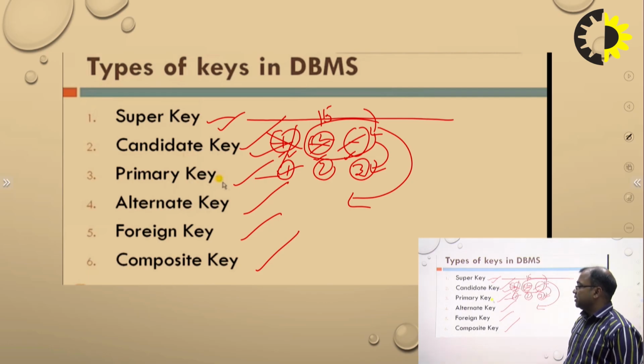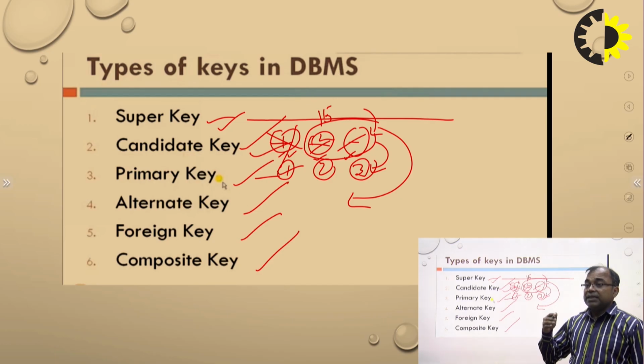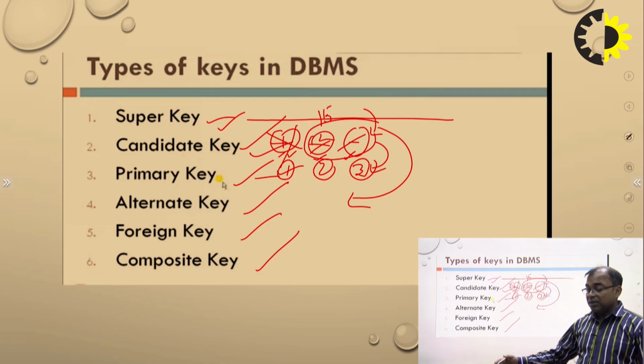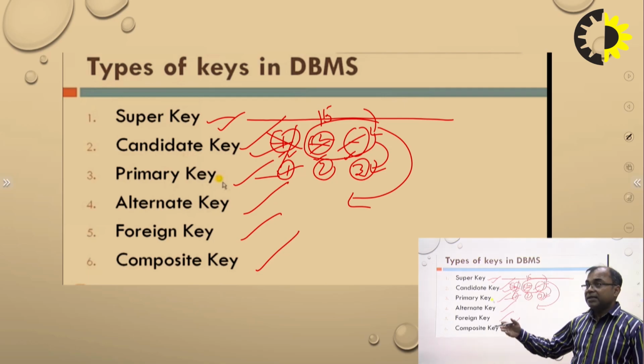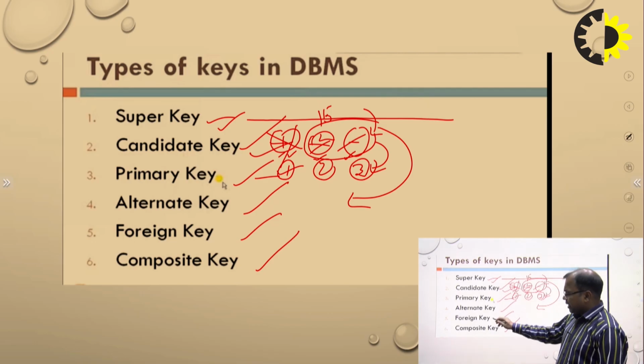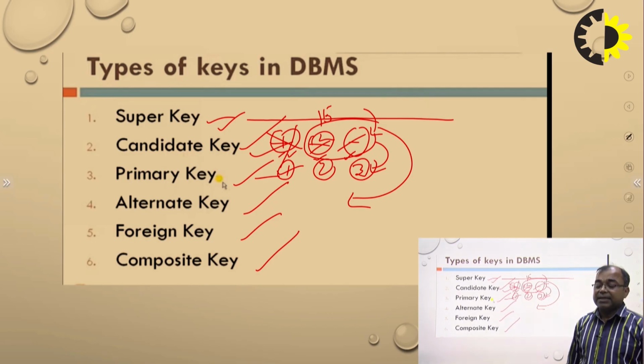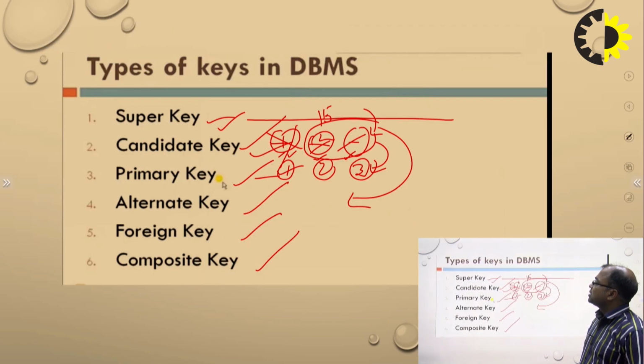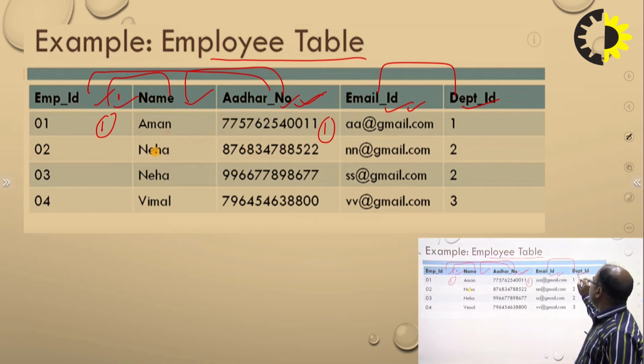Next is a foreign key. A foreign key is basically a primary key in one table, and in another table it is also a key, which is called a foreign key, not a primary key, because it may be repeated there. So in one table it is a key, and in another table it may be a foreign key.